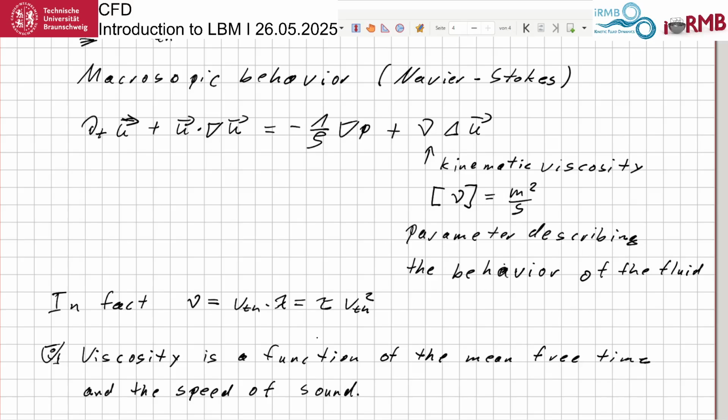And also now you see that in order to describe this on the Navier-Stokes level, this is all we need. We only need the speed of sound and the mean free time.